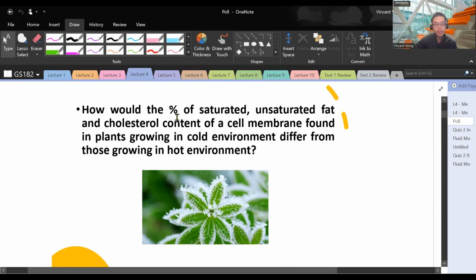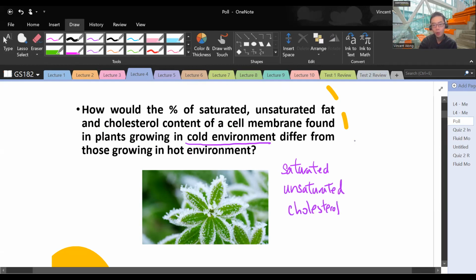So how would the percent of saturated fat, unsaturated fat and cholesterol content of a cell membrane found in plants growing in a cold environment differ from those growing in a hot environment? Okay, so saturated fat, as in the phospholipid, and then unsaturated and cholesterol.